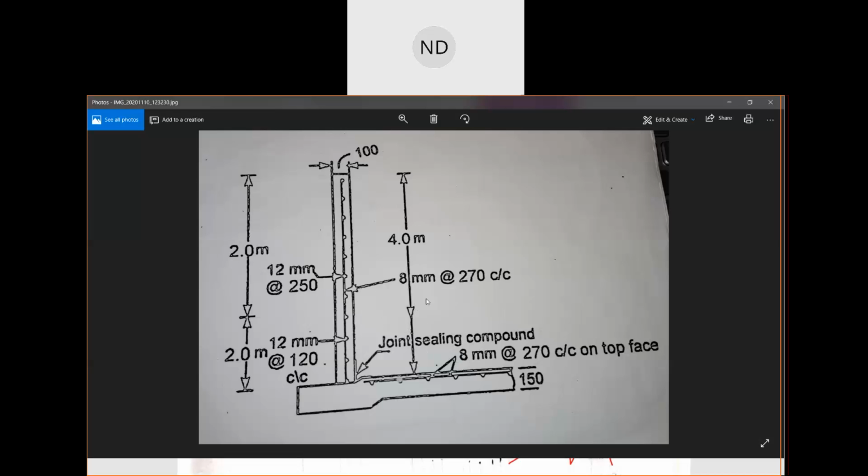This is 2 meter, 2 meter, 4 meter. Joint sealing compound is here. 120 mm center to center. Once you do this, you can draw it easily.